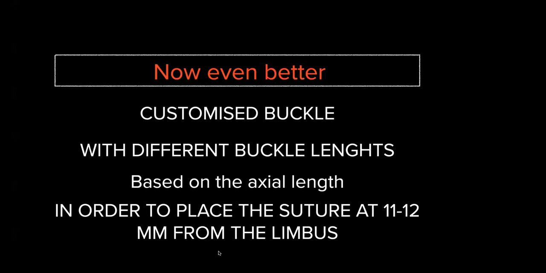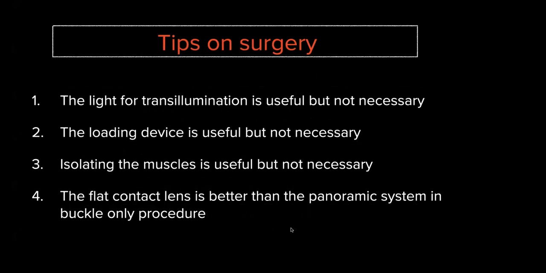11 to 12 millimeters from the limbus is the easiest place because it's very well exposed, and it will be less open to extrusion or other complications. The light for the transillumination is very useful, but it is not necessary. You can also do without it.